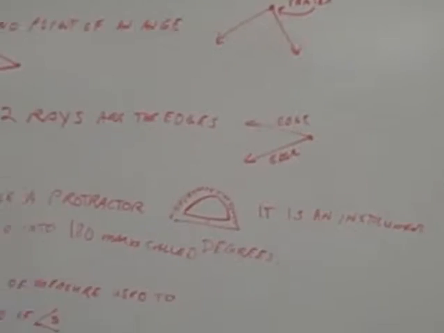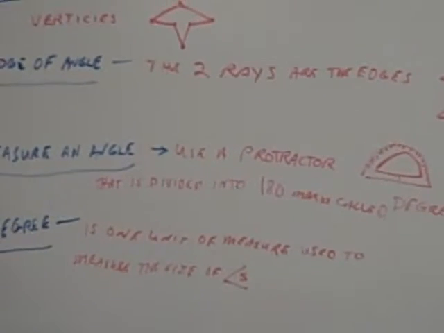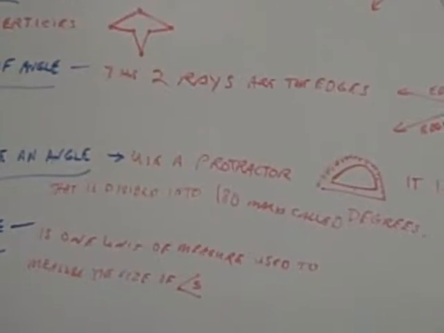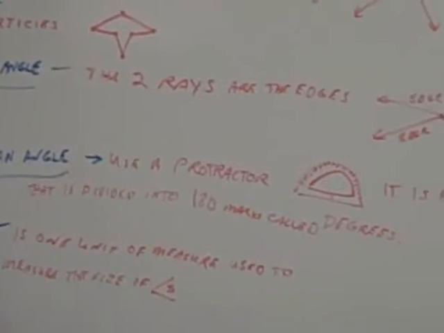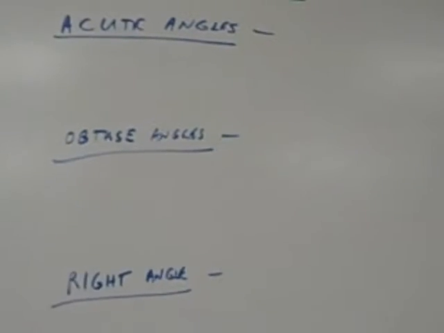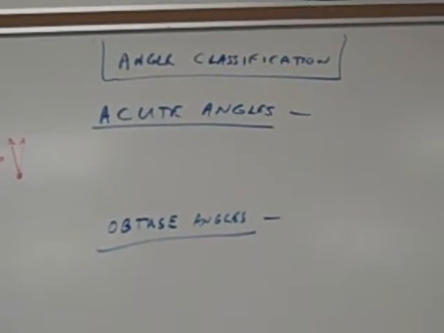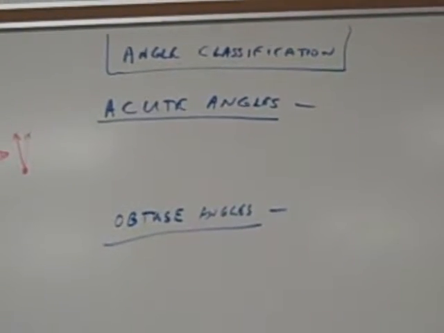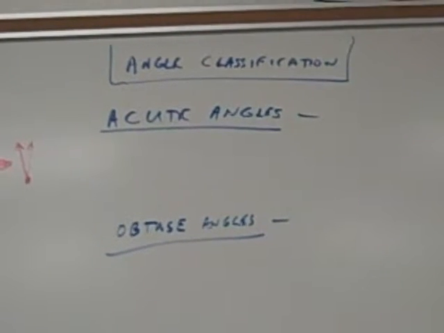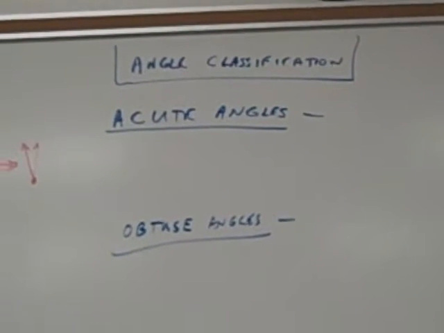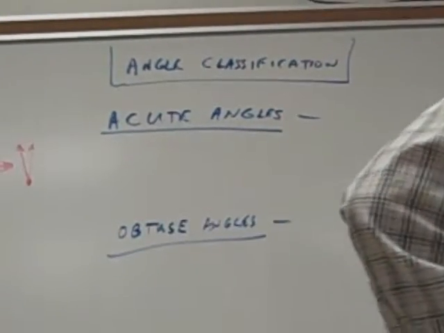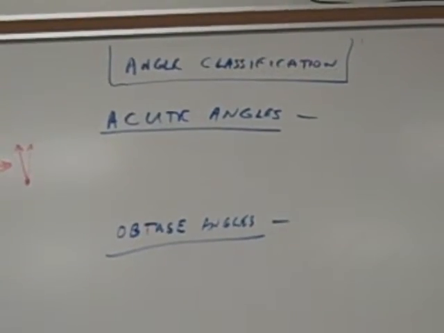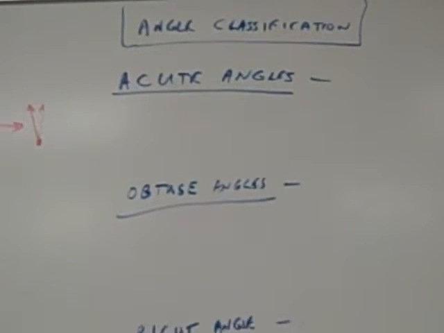All right, here's some basic definitions that will help us understand angles. And now we come to let's classify. I didn't say we're naming them, I said we are classifying them. It's two different things. A lot of students say, well, yes, we are. We're naming them acute and we're naming them obtuse.